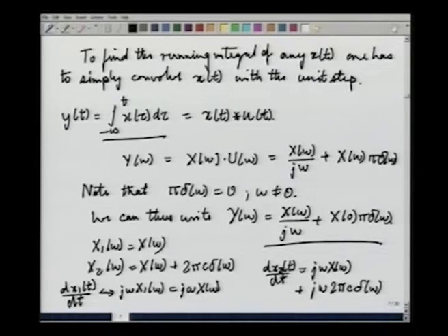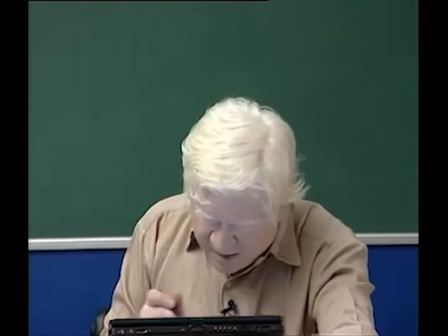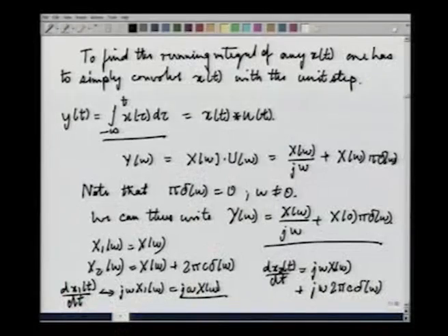But then both these should have been the same. Are they the same? What I mean to say is, the Fourier transform of the derivative of x2 t must be equal to the Fourier transform of the derivative of x1 t. But then here we just got j omega x omega, whereas here we got j omega x omega plus this additional term over here. So we really have to check if j omega 2 pi c delta omega is 0.